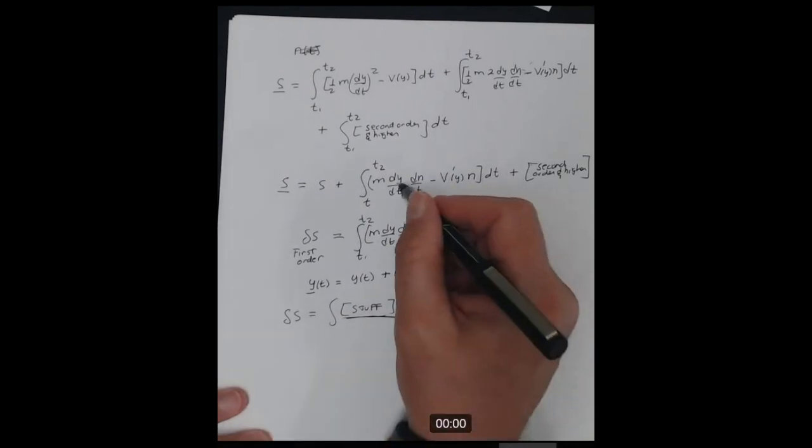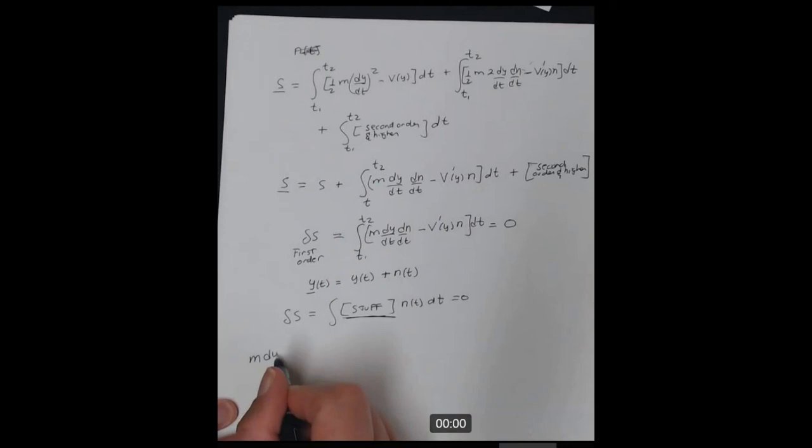So I'm going to go back up here and rewrite this part. So how can I rewrite that? Okay. I want to rewrite this, and I'm leaving this blank. So if I take this and write n of t here, and then my m dy/dt, and I took the derivative of this, what would that be?